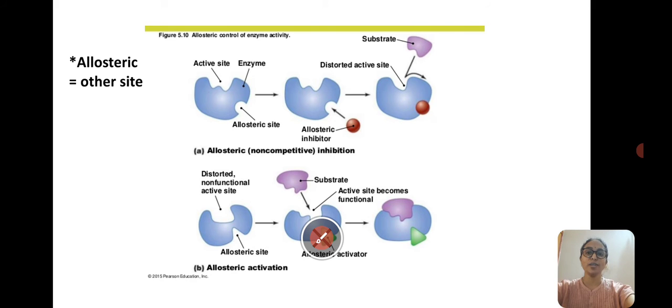We can call it an allosteric activator because it is going to tell the first enzyme of the sequence just to stop the reaction. It is not going to make the enzyme non-functional as in the case of non-competitive inhibitors like poisons. So we can call it an allosteric activator. The active site once again becomes functional when the end product loses its activity.